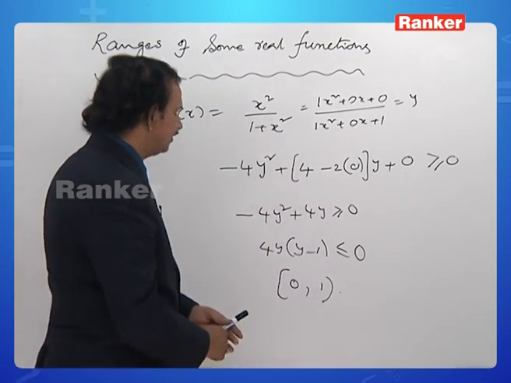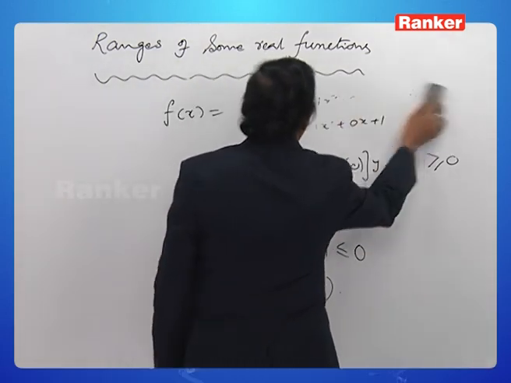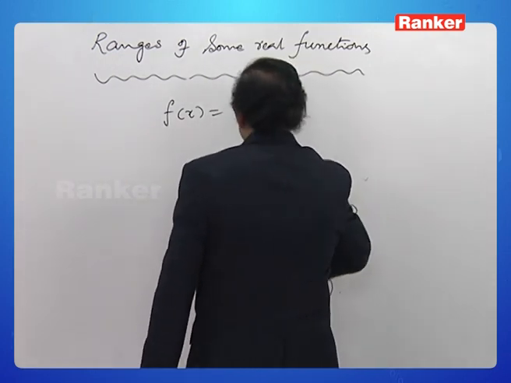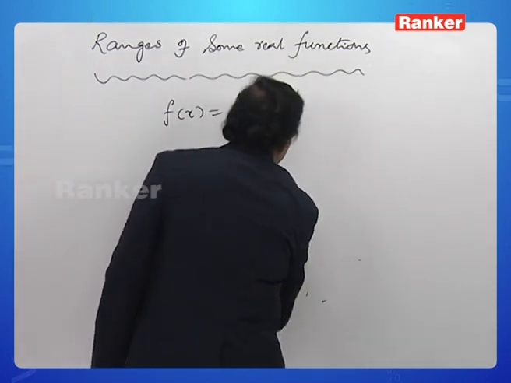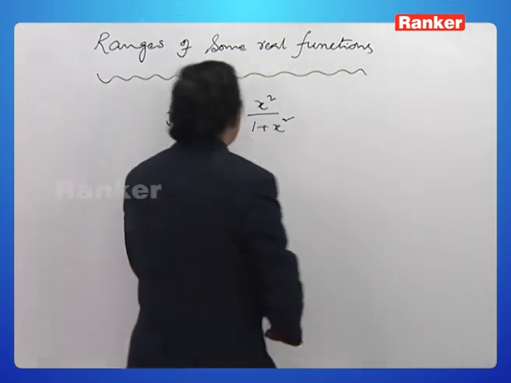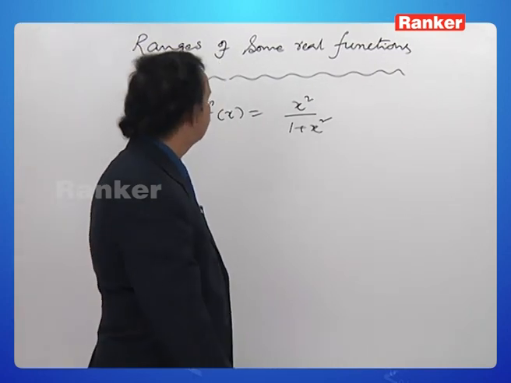Without doing all these things, we will be able to do one more thing. Without going in this way, simply by looking at that, we are able to have the answer. How? Look here. X square, perfect square. It can never be negative.